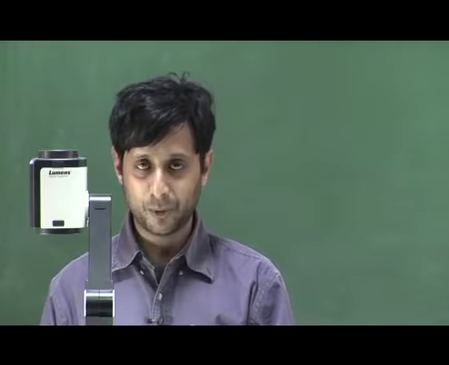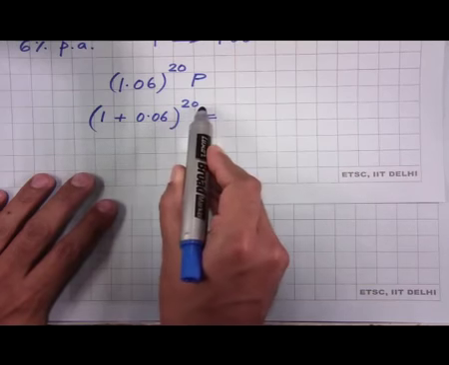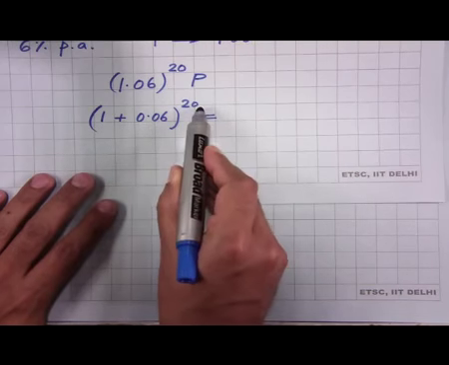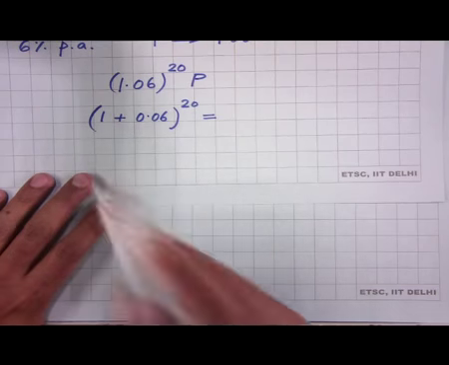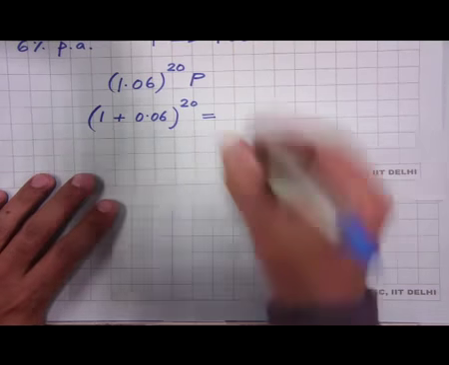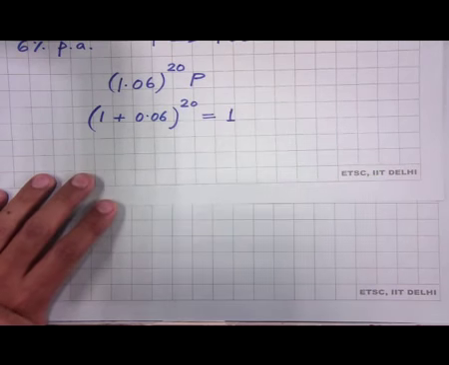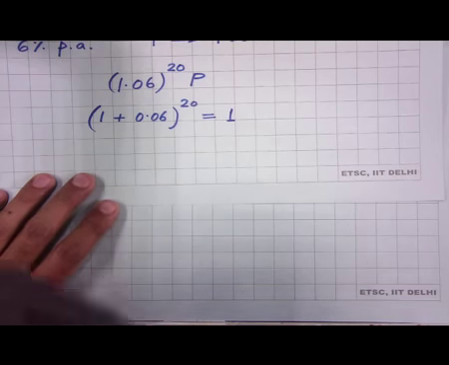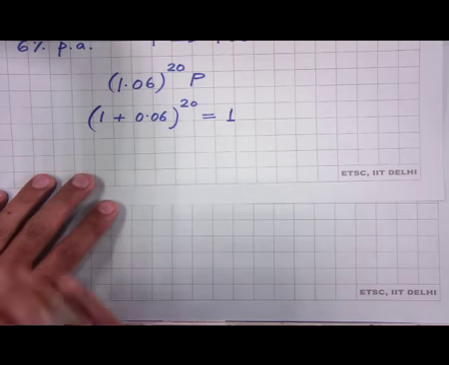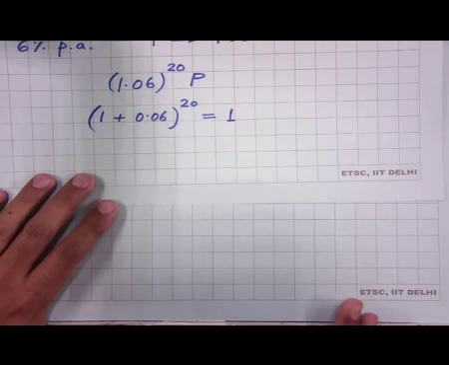So, you do 1 plus 0.06 whole power 20. The first step is to pick 1 from all 20 of those terms. So, you get 1 power 20, which is nothing but 1. In the next step you pick 0.06 from any one of those 20 terms, and the remaining all should be 1s.